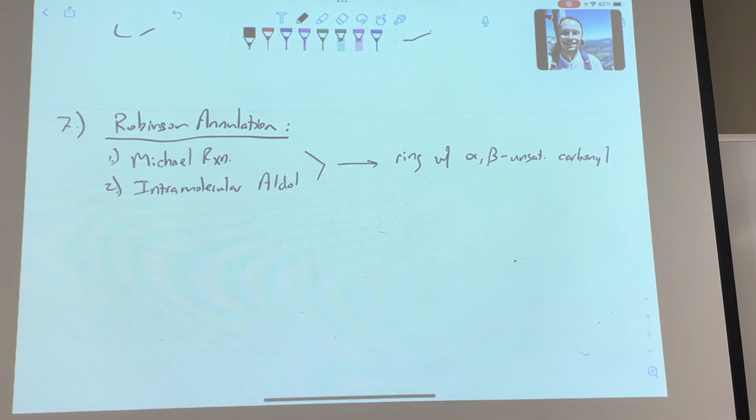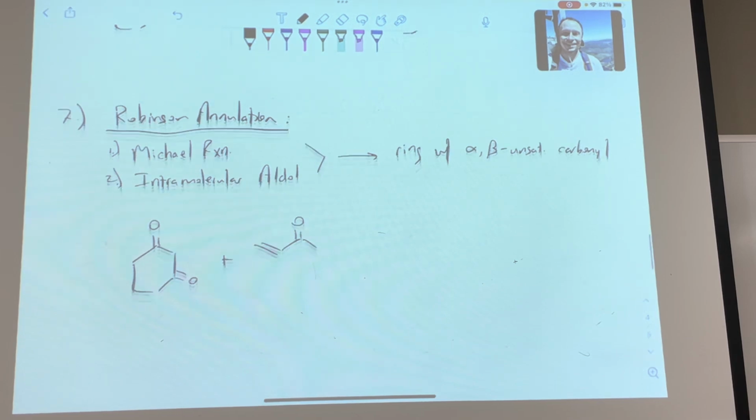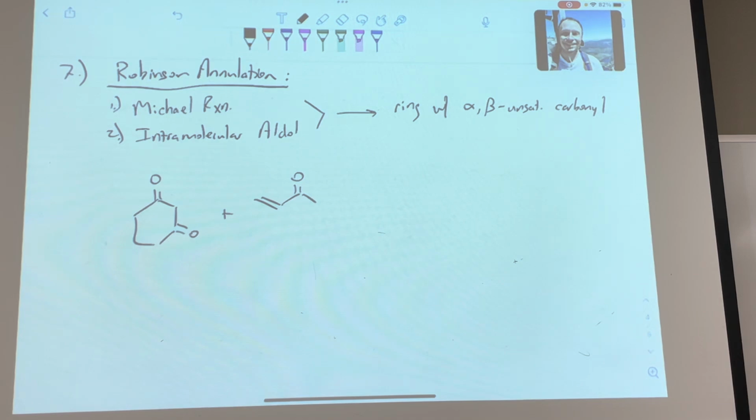So let's just do, which one's the donor and which one's the acceptor on this? The left one. Yep, the left one's the donor, right? Because that's the dicarbonyl compound. The right one, that's my acceptor, because it's an alpha beta unsaturated carbonyl compound.